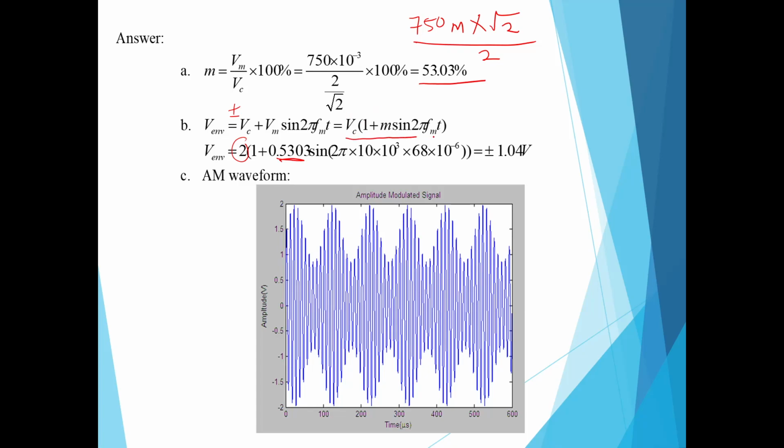When we rearrange the equation, we put Vc outside, so Vc in brackets 1 plus m, the modulation index, sine 2 pi fmt. Because we already have the modulation index, why not use it in our calculations. So 1 plus m sine 2 pi times fm 10 kilohertz multiplied by the time 68 microseconds. You will get the value of 1.04, and then you just need to put plus and minus.